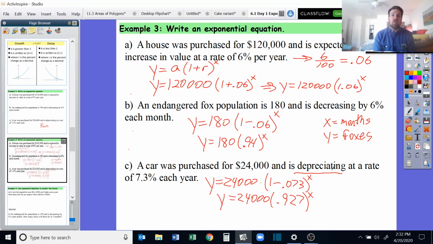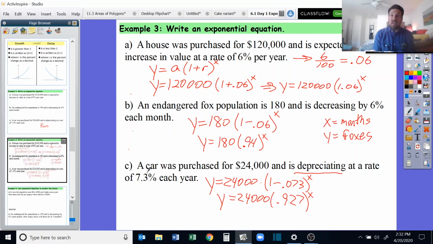Finally, a car was purchased for $24,000 and is depreciating. There's that big fancy word that just means the value is going down, at a rate of 7.3% each year. It's not a whole number percent. It oftentimes throws kids off and they want to write 0.73.